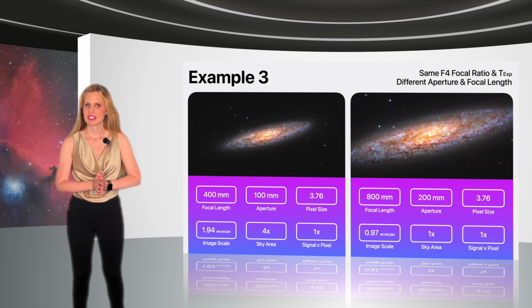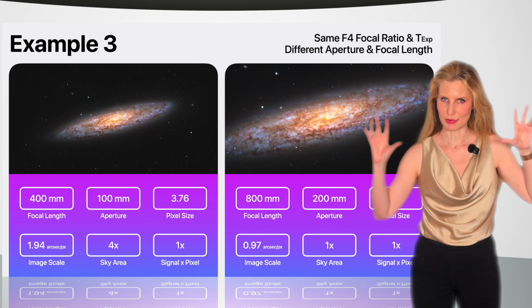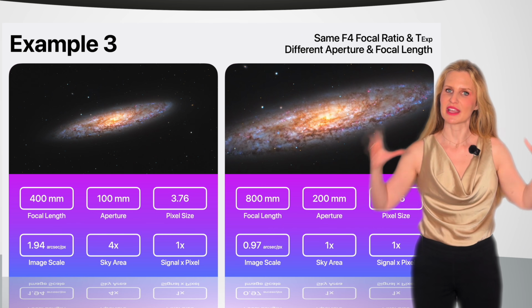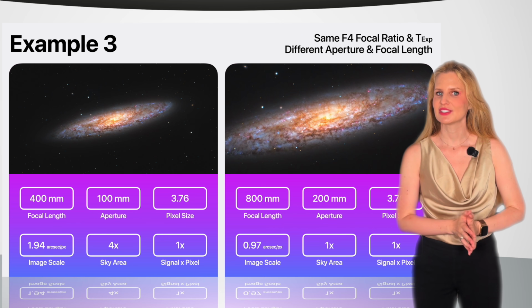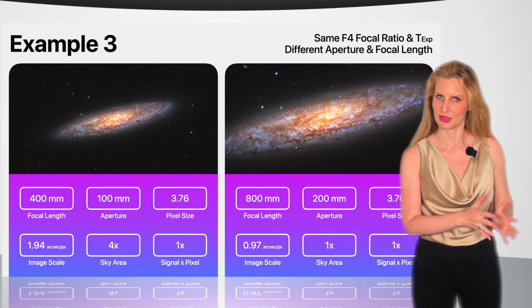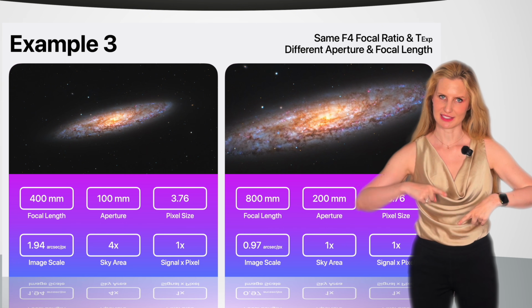Because they share the same ratio, the images they produce have the same brightness. However, the smaller telescope gives us a wider field of view, while the larger one offers a narrower, more detailed view. Let's figure out how to replicate each of these images with the other telescope.